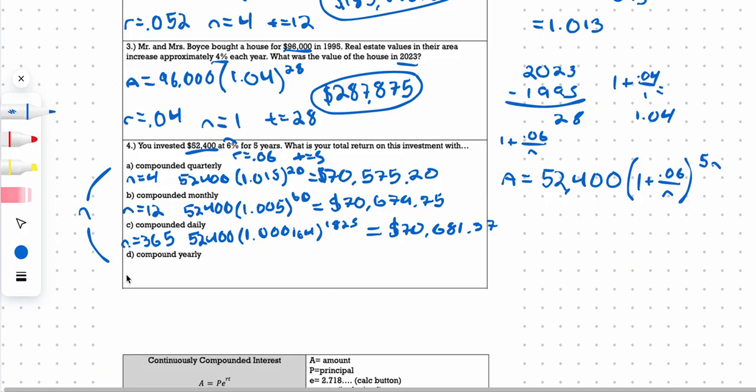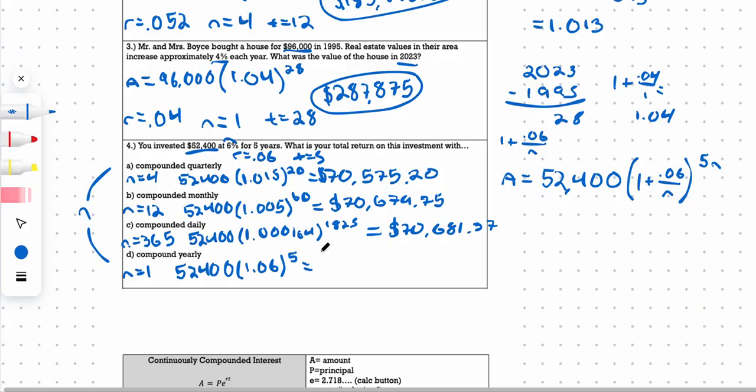Okay, so compounded yearly, when we do it yearly, that's just n equals 1. So this is going to be easy. We're going to say 52,400 times 1 plus 0.06 over 1, which is just 0.06. We're going to say 1.06 to the n times t power. So 1 times 5.